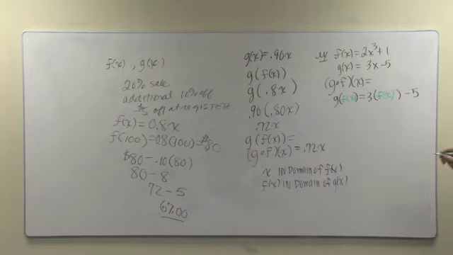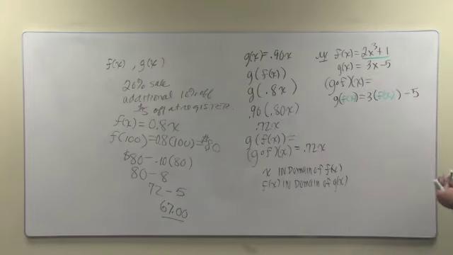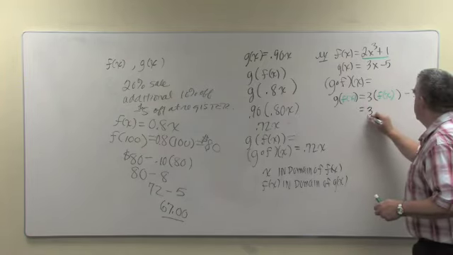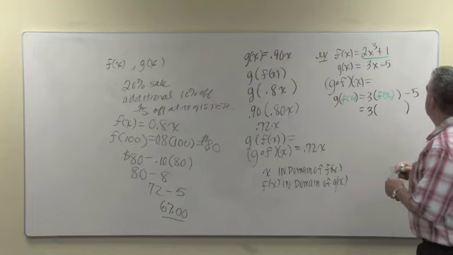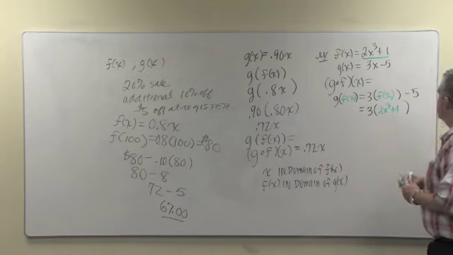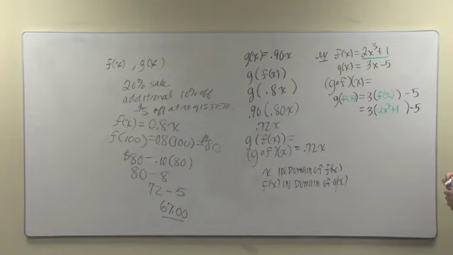So what is f of x? F of x is the function which says 2 times the cube of x plus 1. So this is going to be 3 times the quantity 2x cubed plus 1. Then we're going to add or subtract 5 in this case. So when we compose the functions g with f of x, we're going to have 3 times f of x minus 5.